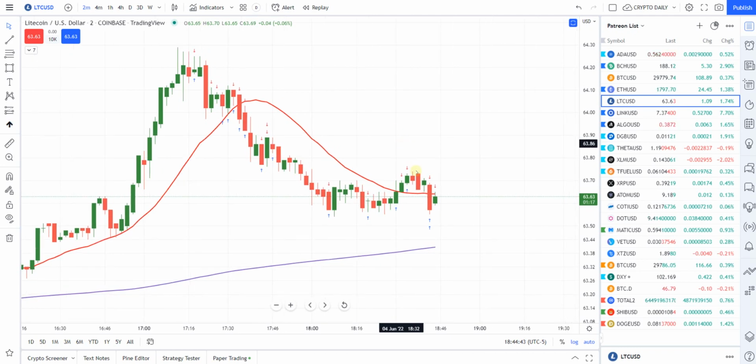Okay, it is hanging up. Now I got up, came back down. And once we take out this green candle, the short will be on again.